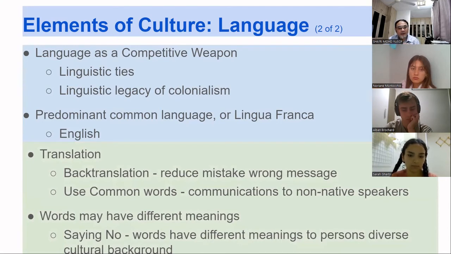Other things about language: sometimes when you do business or you have translators, or you need to do some translation of documents that you are going to be using, you need to reduce mistakes or avoid giving the wrong message. There is a concept called back translation.